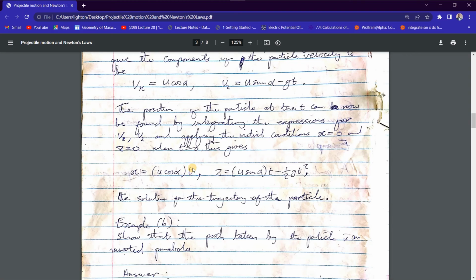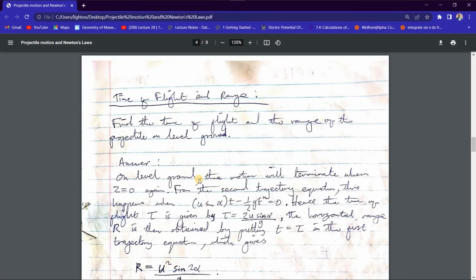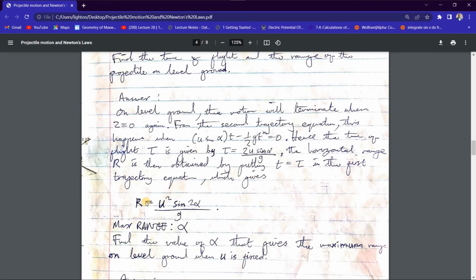You must replace t here with the time of flight because you want the horizontal component of displacement, which is the range. When you do that, you get u squared sine 2 alpha over g.